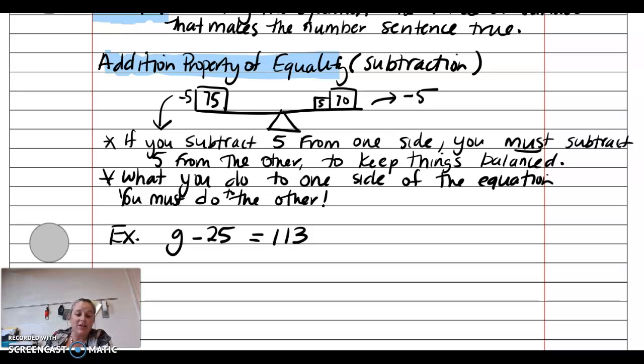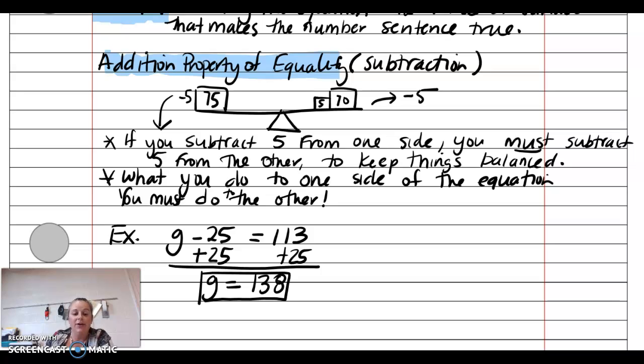If we've subtracted 25 from g, in order to get rid of that and find out what g is, we have to add 25. But if I add 25 to this side, I've got to add 25 to this side. And I'm going to draw a line here to show this is what's left behind. So I get g is equal to 113 plus 25, which is 138. And then I'm going to box this off to show this is my solution.